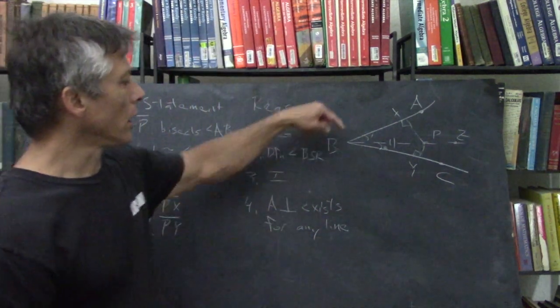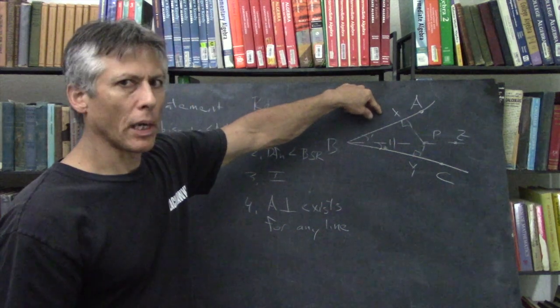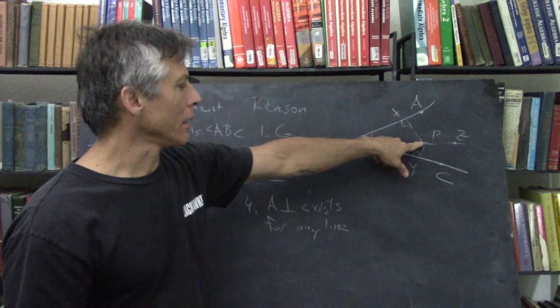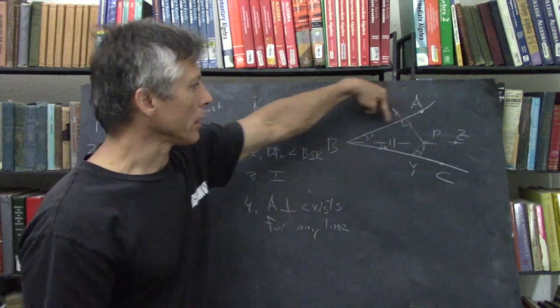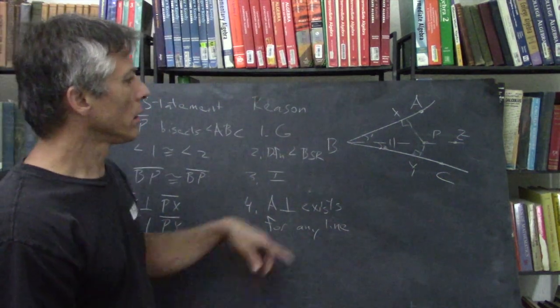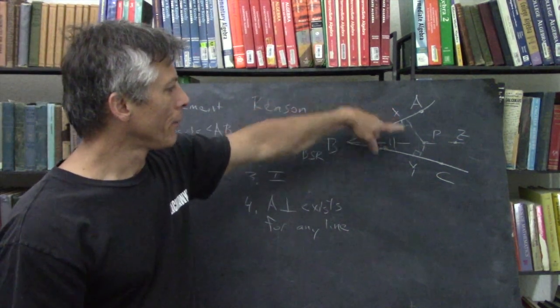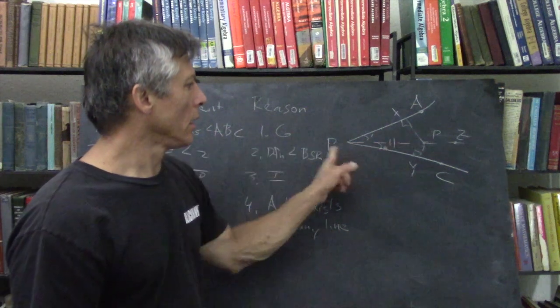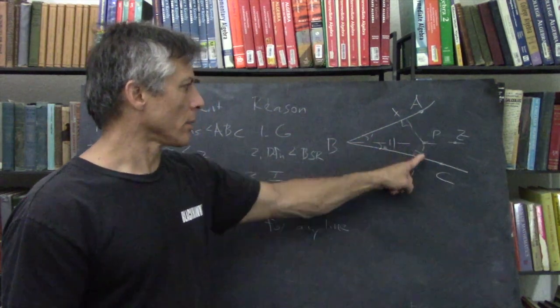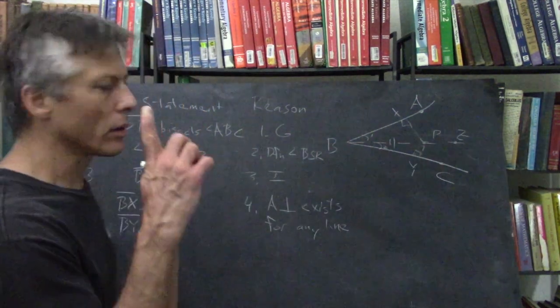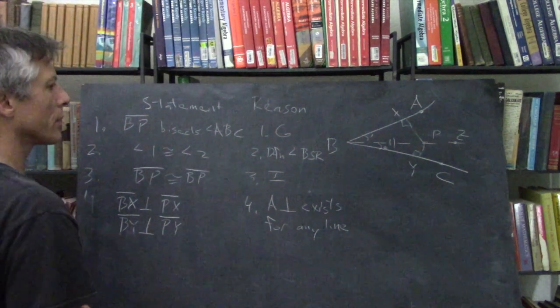So basically, we've got a postulate that says through a point not on the line, there's exactly one perpendicular to that line. Okay, so through a point P, not on this line, there's a perpendicular to the line, one and only one perpendicular. So we've got those.